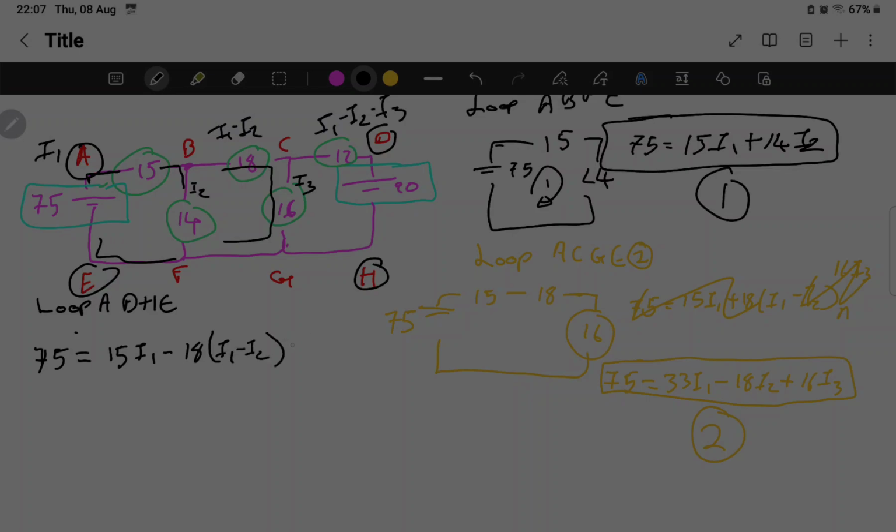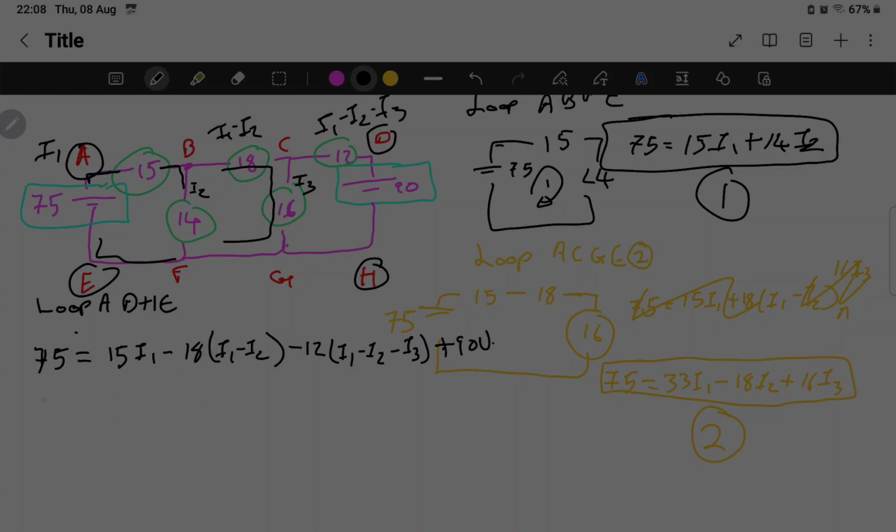Then we have our negative 12 (I1 minus I2 minus I3), and then we have positive 90 volts.